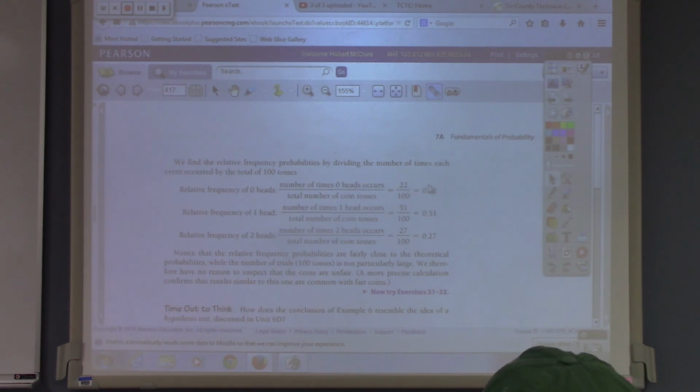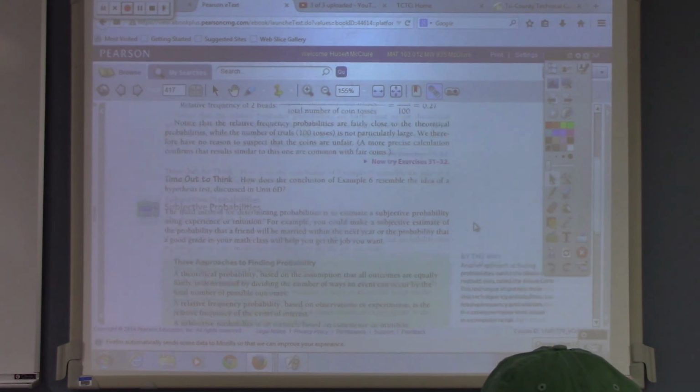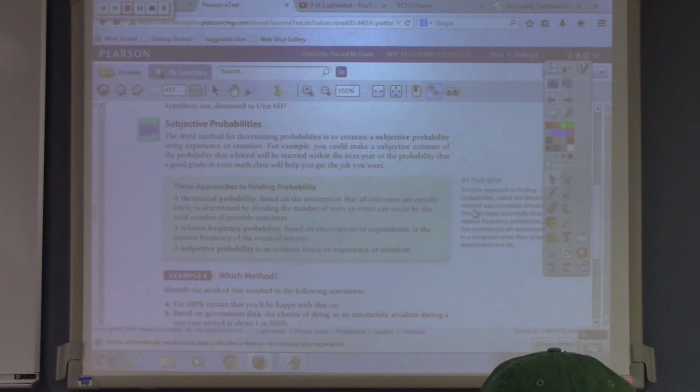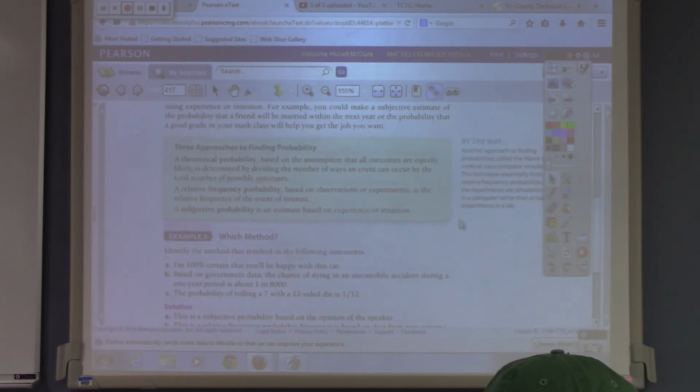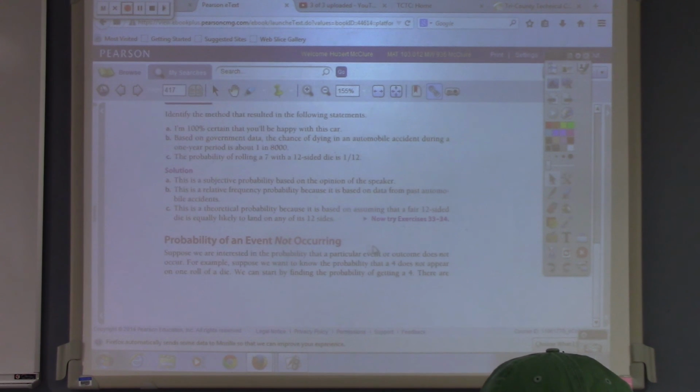Relative frequency and cumulative frequency is on pages 416 and 417. I'll talk about page 417 in just a few minutes. And the complement.